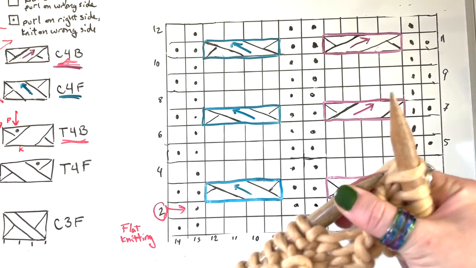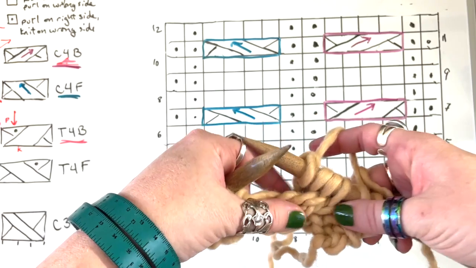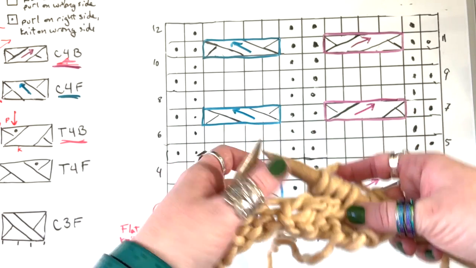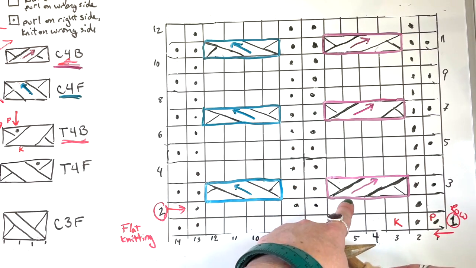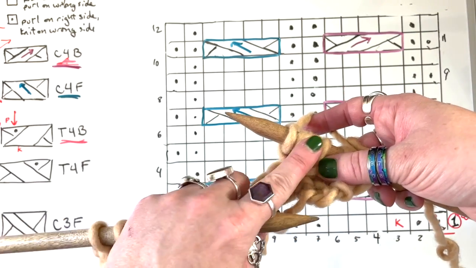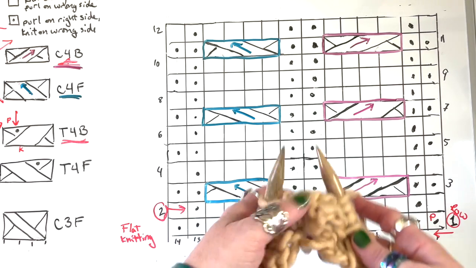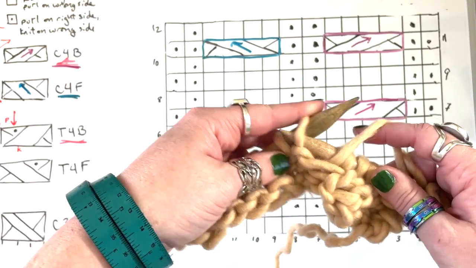We have completed our C4B, and we have a diagonal slant, just like this picture, that slants up to the right. Now to continue with this row, I see 2 purl stitches.